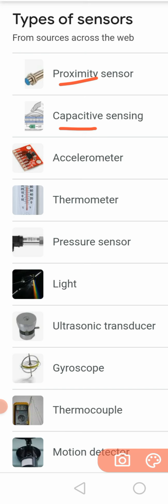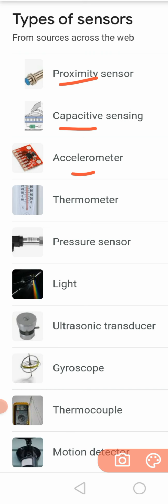That is basically the principle of capacitive sensing, where after the human touch your sensing capacitance value changes and that gets subsequently detected and converted into a proportionate digital signal.